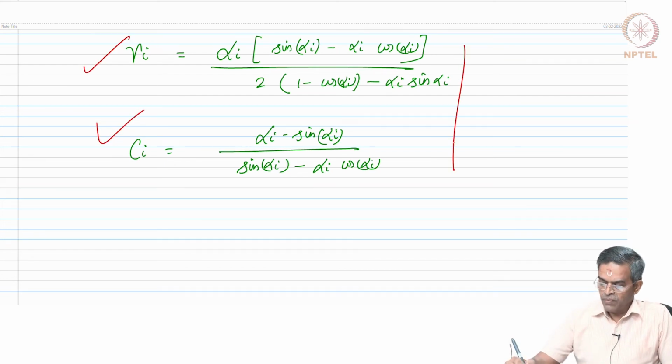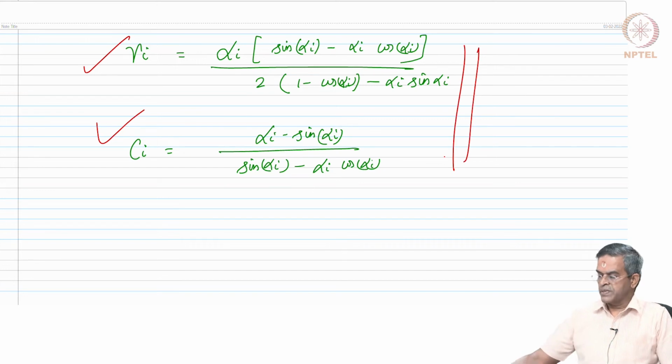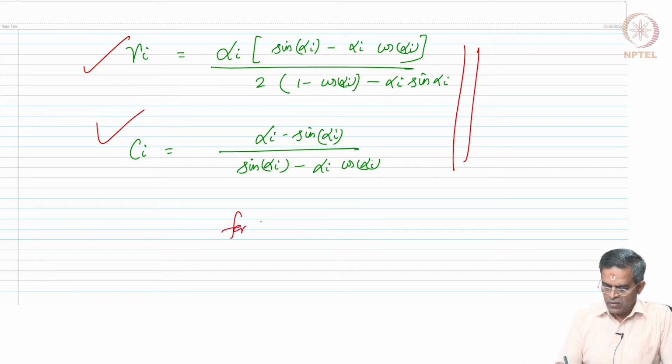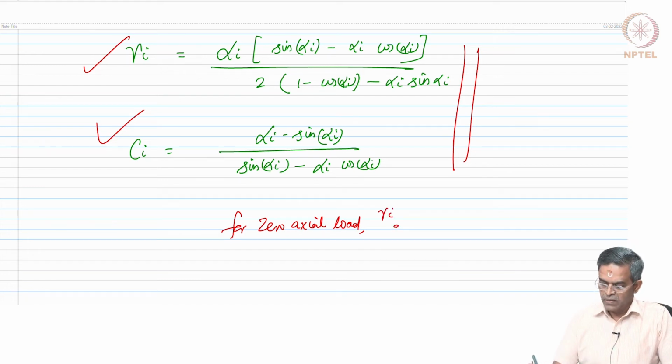And we applied this for 0 axial load as a special case and derived it using L'Hospital's rule, and we got for 0 axial load, Ri at phi I 0, special case is 4, and Ci at phi I 0, special case is 0.5. I think we derived it.